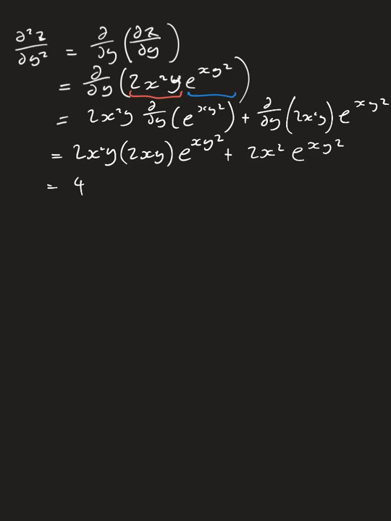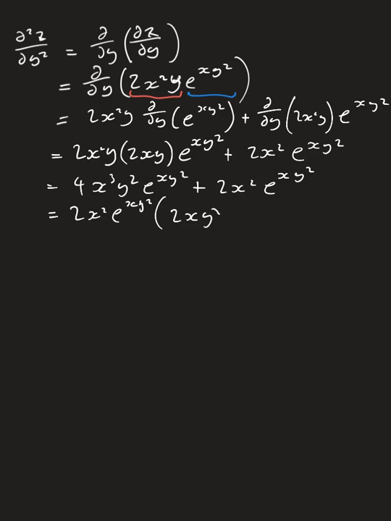I have 4x cubed y squared e to the power of xy squared plus 2x squared e to the power of xy squared. And I can factorize that if I want to, because I have 2x squared e to the power of xy squared in both terms. So I can factorize that out and I get 2xy squared plus 1. And that is the second partial derivative with respect to y.